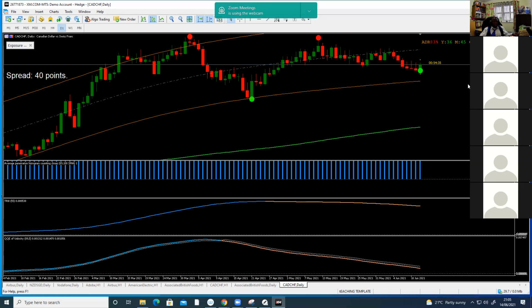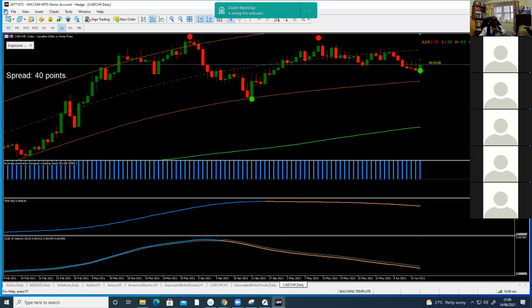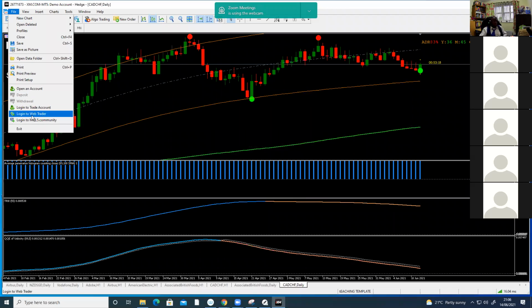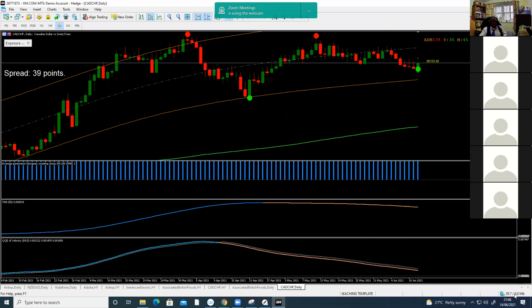Let me set up. It's only because I'm trading your account that I can basically trade for you. You can either log into your account from here by going to file and then login, or you could log in by going down to the right hand side here. Let me just move this up. Move it to where you see a number there.